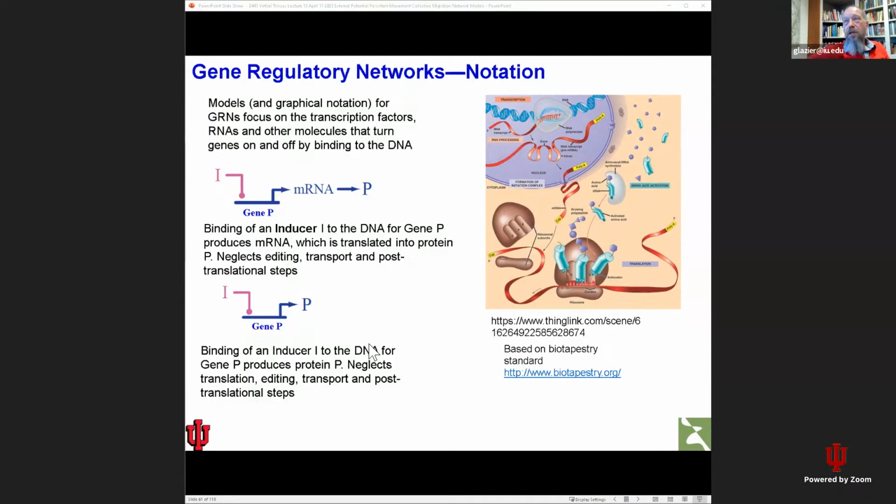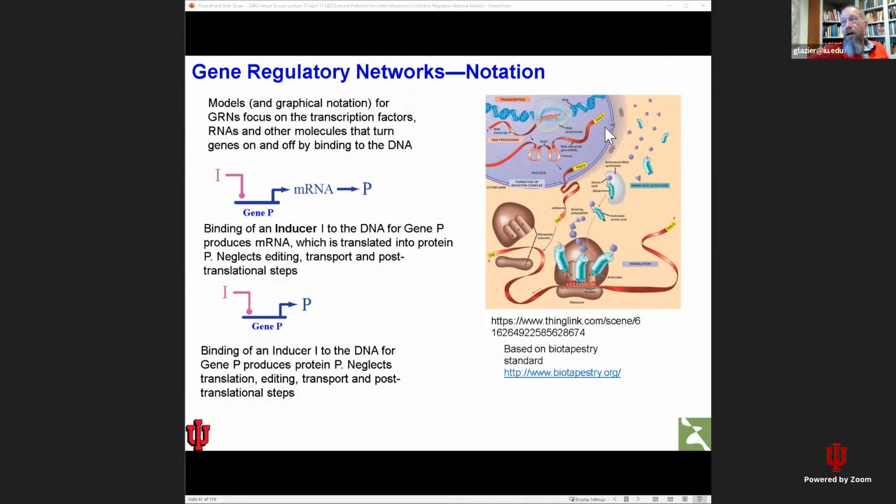In reality, if we look at the central dogma of molecular biology, we'll see that there are multiple steps. First, the promoter has to bind to the DNA. The DNA has to unwind. The transcription complex has to bind to the DNA. It produces RNA. That initial RNA needs to be edited to get rid of introns.